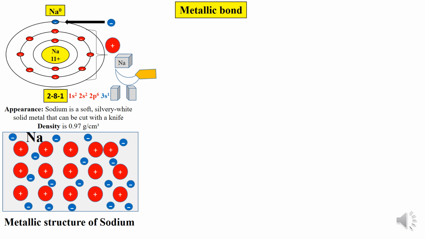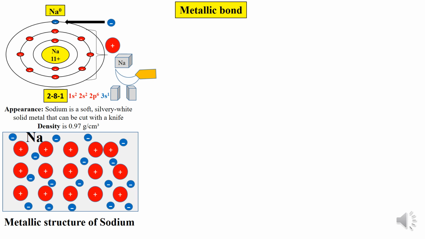Now let's take a closer look at the metallic structure of sodium metal. When you observe the metallic structure of sodium metal very closely, you will find delocalized sharing of negatively charged valence electrons among positively charged metal atoms. So the valence electrons are loosely held and are free to move.